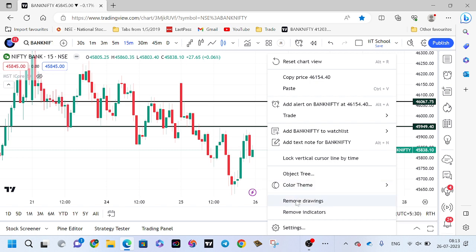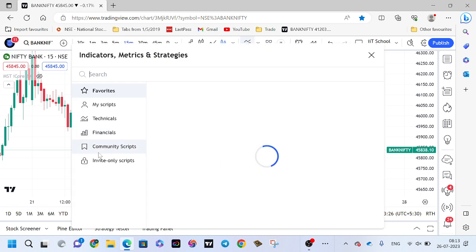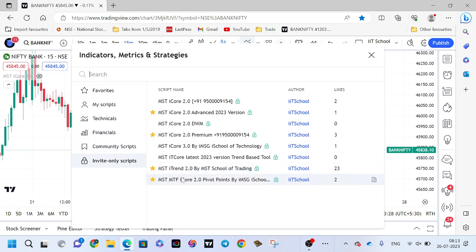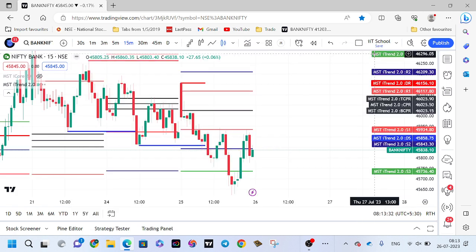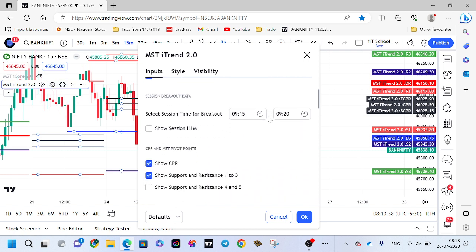In the free indicator also I have given the option. So I will add the free indicator, MST iTrend 2.0. Come to this part and select this area, 9:30 to 9:45.